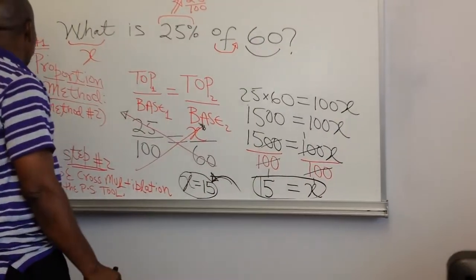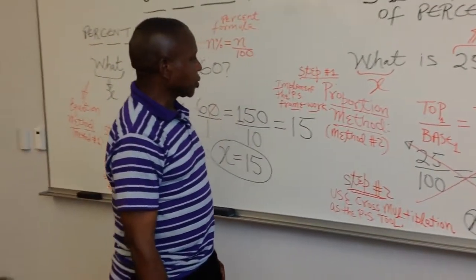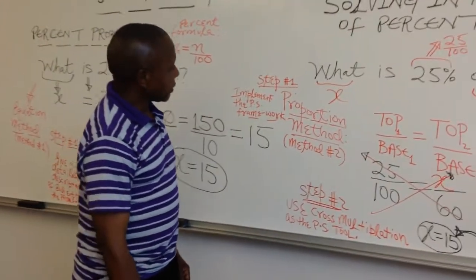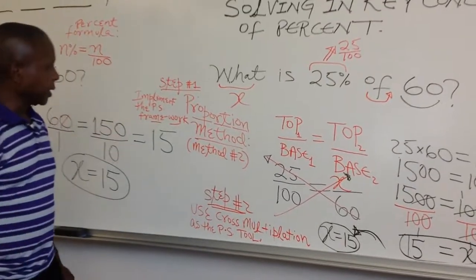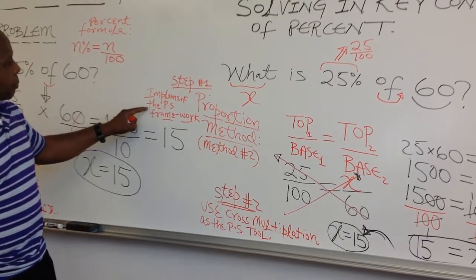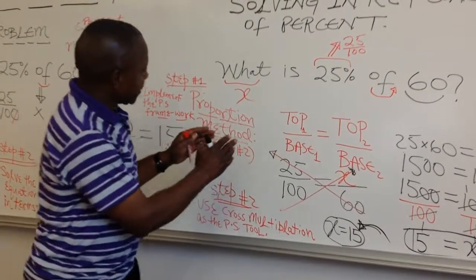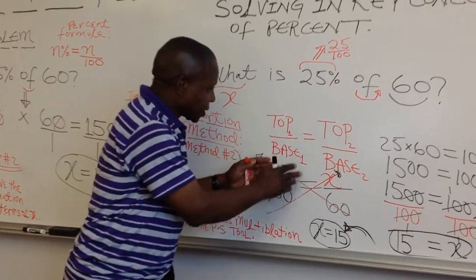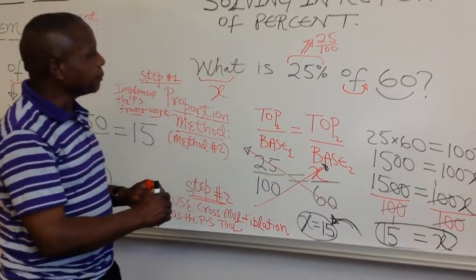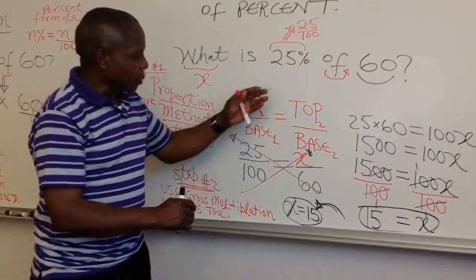So notice the strategy again, all the steps, implementation of strategy. Step number 1, implement the problem-solving framework by carrying out this problem-solving scheme of top 1 over base 1 equals top 2 over base 2.